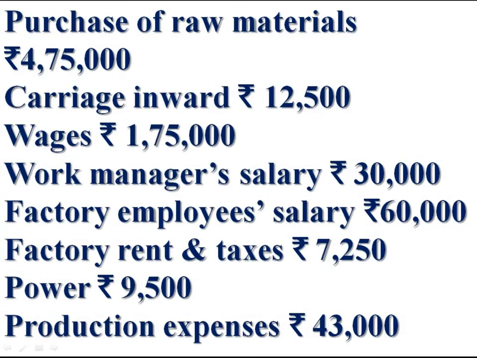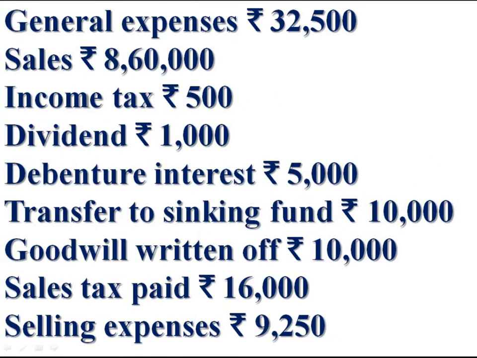Other items: purchase of raw materials, carriage inward, wages, work manager salary, factory employee salary, factory rent and taxes, power, production expenses, general expenses, sales, income tax, dividend, debenture interest, transfer to sinking fund, goodwill written off, sales tax paid, and selling expenses. We are required to prepare cost sheet.